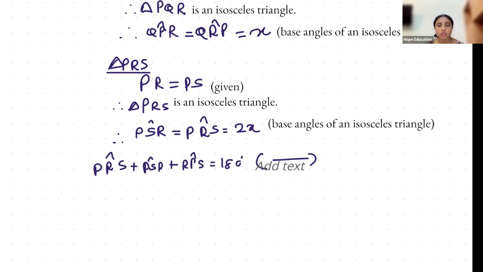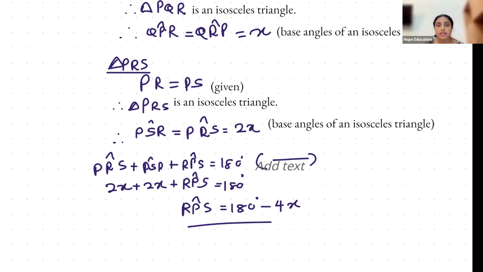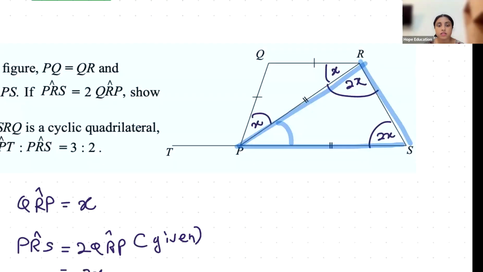PRS and PSR are both 2X, RPS I don't know yet. So RPS will be equal to 180 minus, 2X plus 2X is 4X, and when I bring it to the other side, it becomes minus 4X. So RPS is 180 minus 4X.